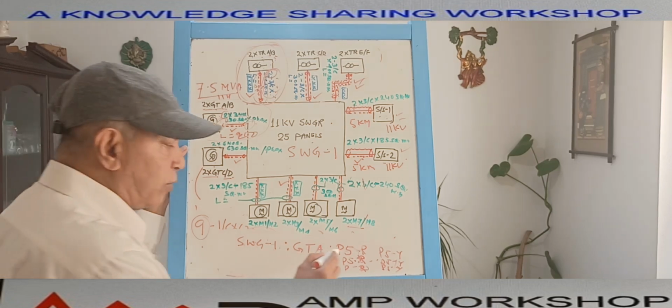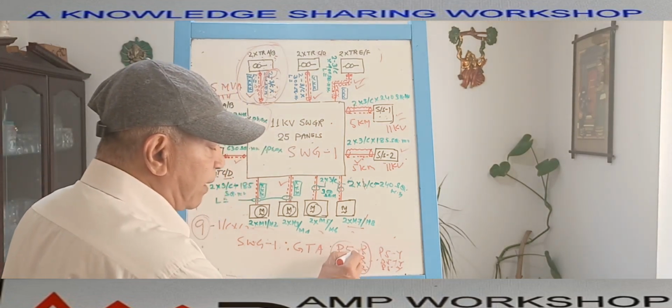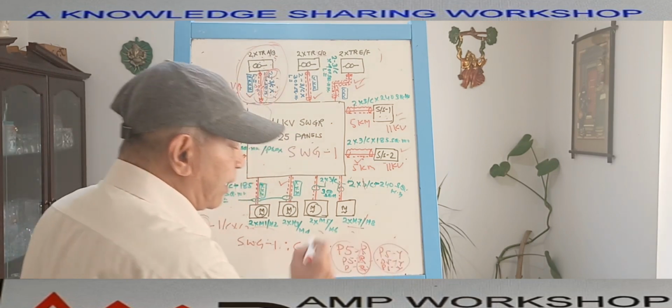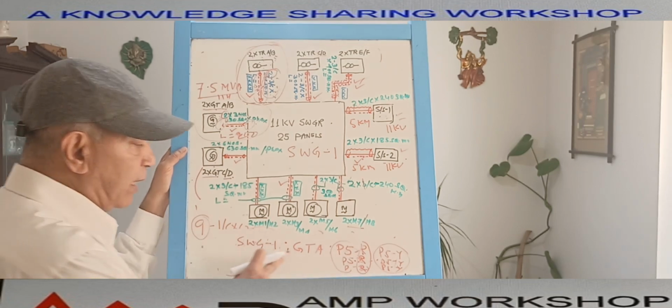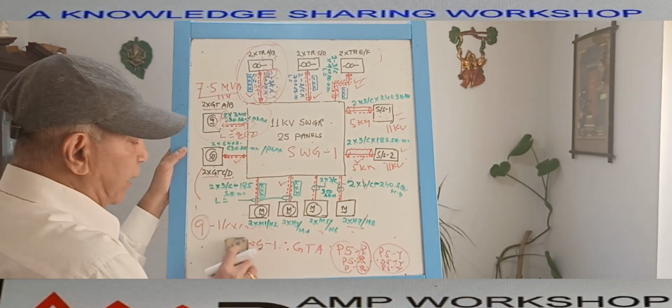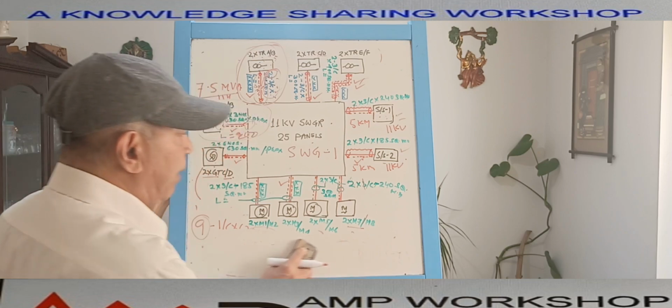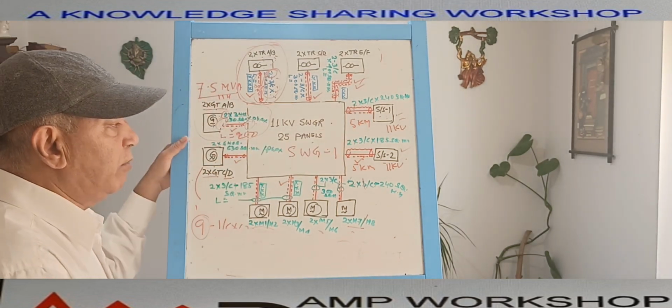From that you can make out P5 cable per phase. In the R phase there are 3 cables, in the Y phase 3 cables, and in the blue phase 3 cables. That way we represent single core cables. This is how the cable number is represented. Now in the case of subsea cable, how is the cable laid?